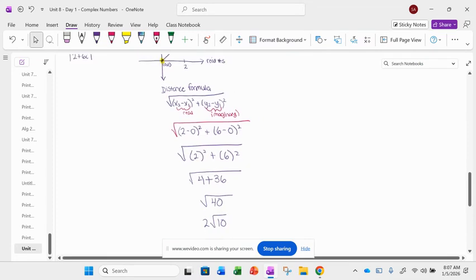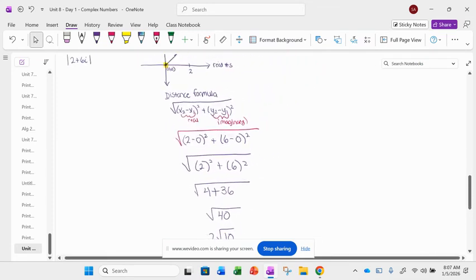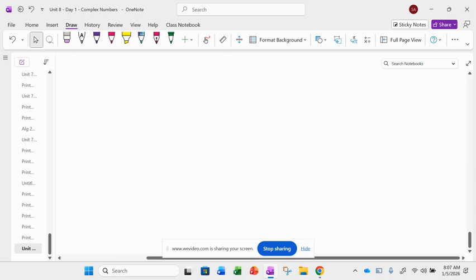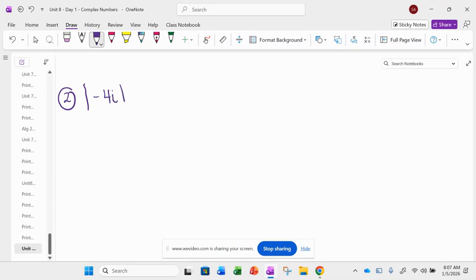All right, so obviously we're not going to use the distance formula every time. I just wanted to show you where the formula came from. So now if I ask you, let's find the absolute value of negative 4i. The first thing we want to do is write it in complex form. So is this negative 4, our a or our b?